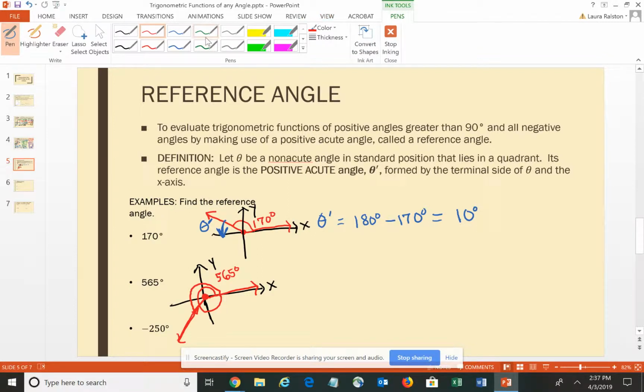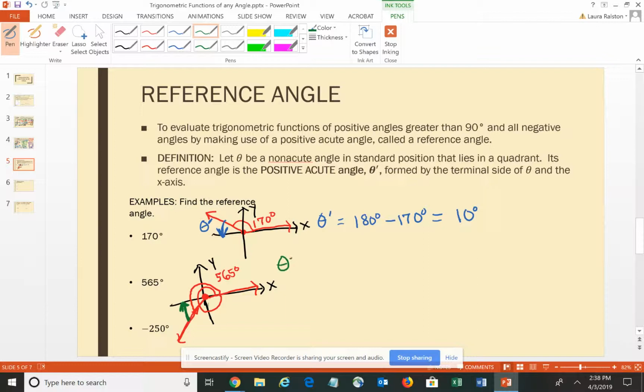So again, when you start thinking about the reference angle, it is created between the terminal side and the closest x-axis. So that would be this angle here. Well, to find that angle, I've gone past the horizontal, which is 180 degrees.